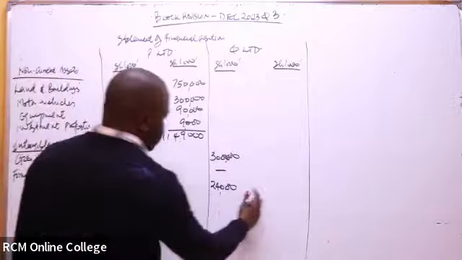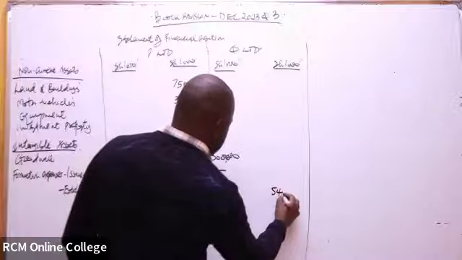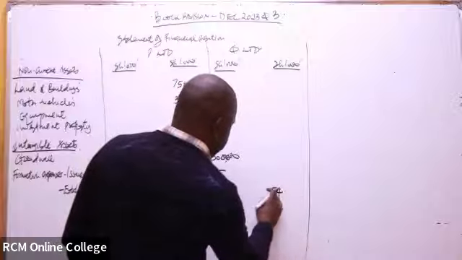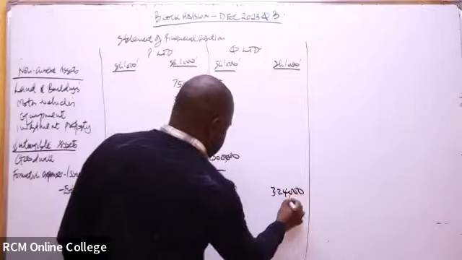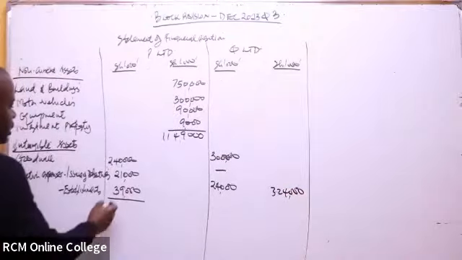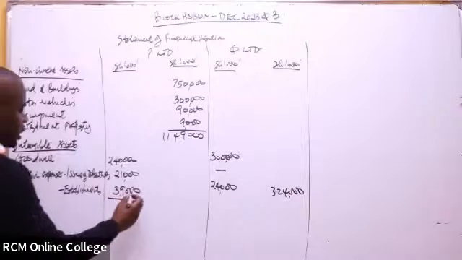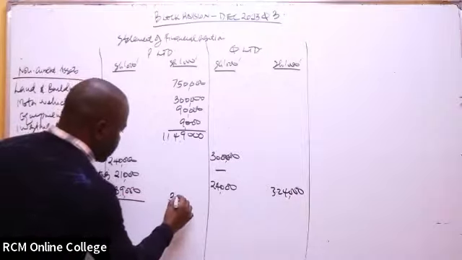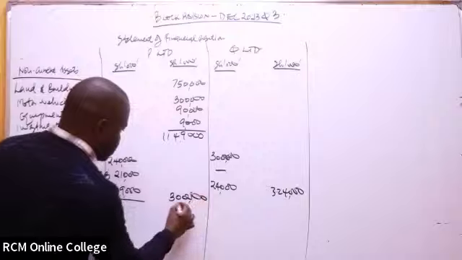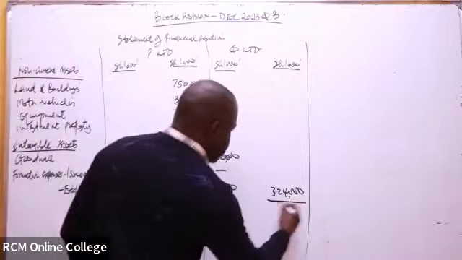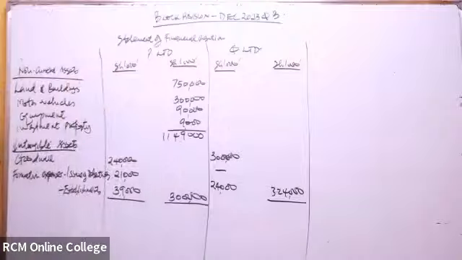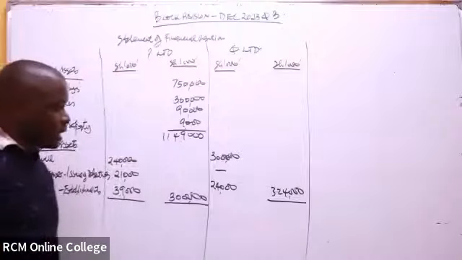This one is not 540, it is 324,000. This one is 300,000. So it will give you now the total non-current assets.